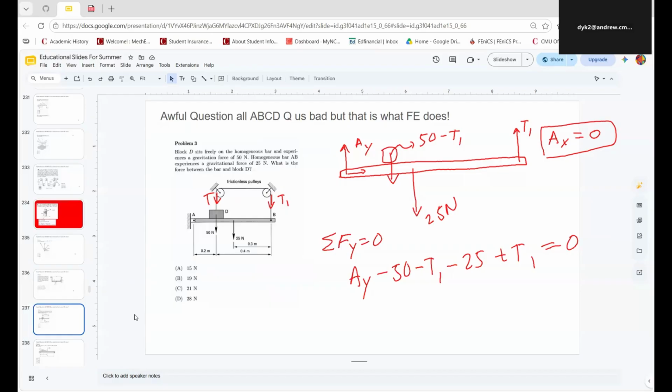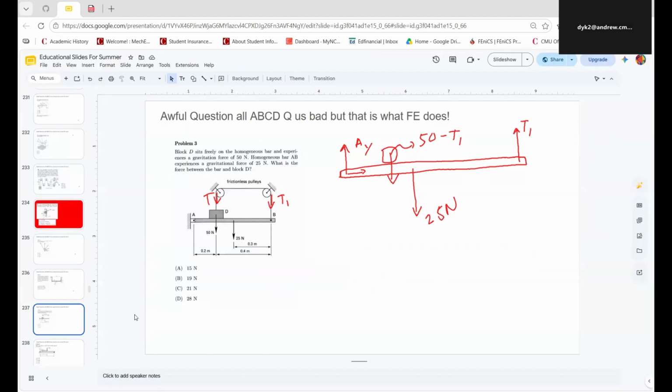There's no reason for me to use that, so let's just go to moment immediately, because obviously it's clearly asking me to do a moment over here to figure everything out, because the two forces did nothing. So a moment summation equals 0. Let's do a moment here to get rid of the Ay variable. So over here, that's 0.2. We could do 0.2, and this is going this way from A, so that is a negative.